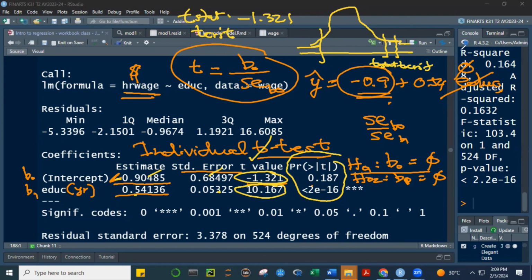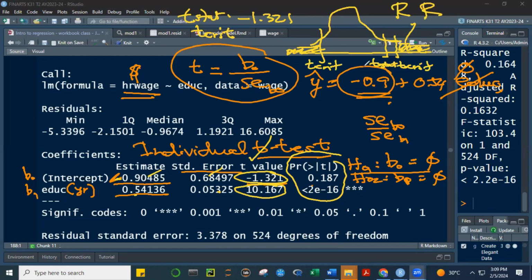Ano ba tawag natin, class, sa area na to? What do you call this? This area here to the right or to the left of t-critical? This is your RR. In your basic stat, ano tawag natin dyan, class?